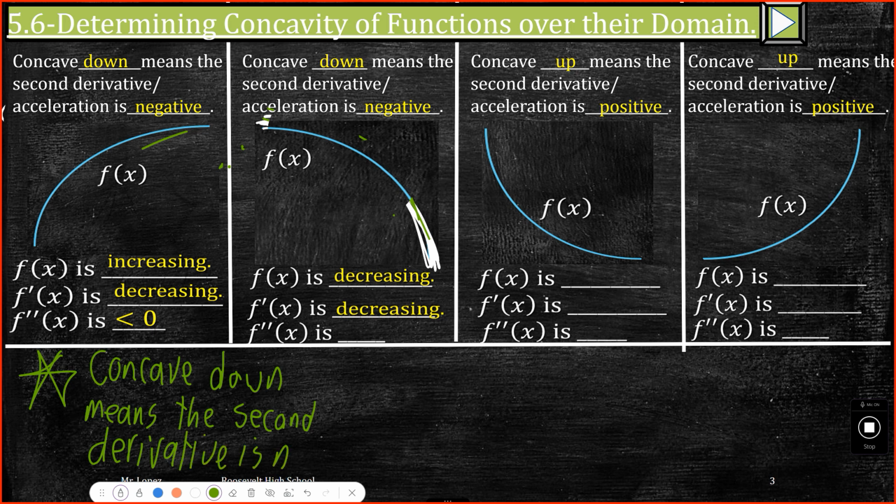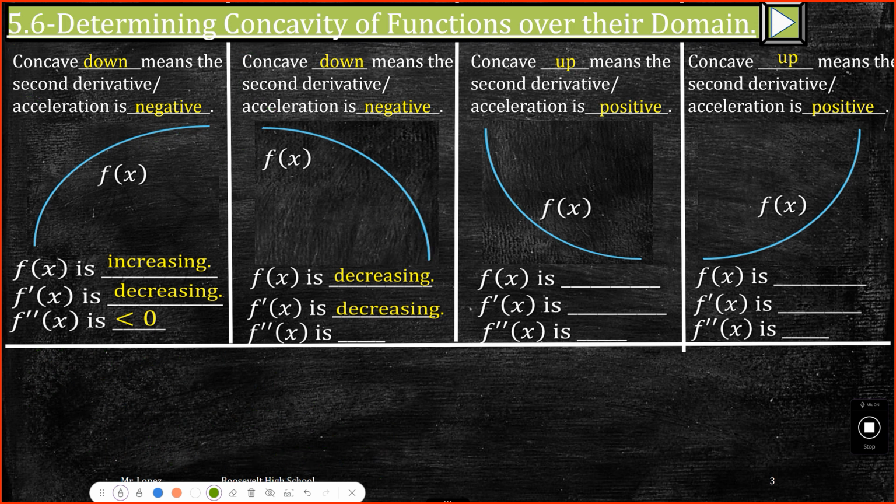That's what we already have here. We have it here. Concave down means the second derivative is negative. Concave up means the second derivative is positive. Anything that is concave up is positive.